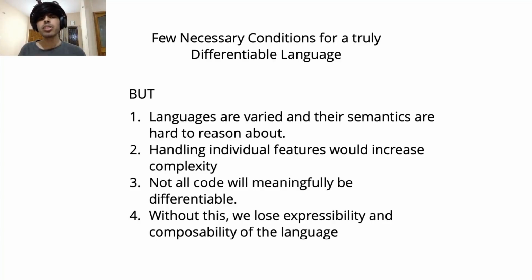But all of this serves to show that there are some very major hurdles that come our way. Languages are varied and their semantics are usually very hard to reason about. Julia has a lot of features that we as developers really love, be that multiple dispatch, the type system, broadcasting, and so on. Its performance, for sure.